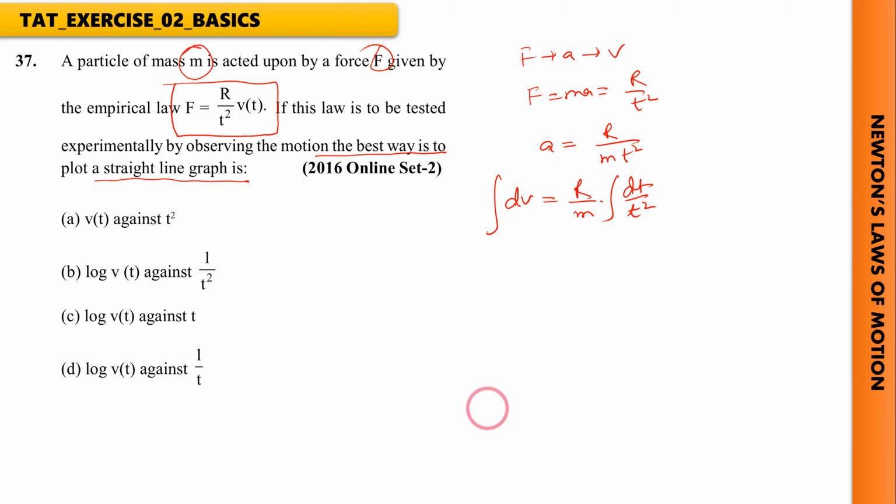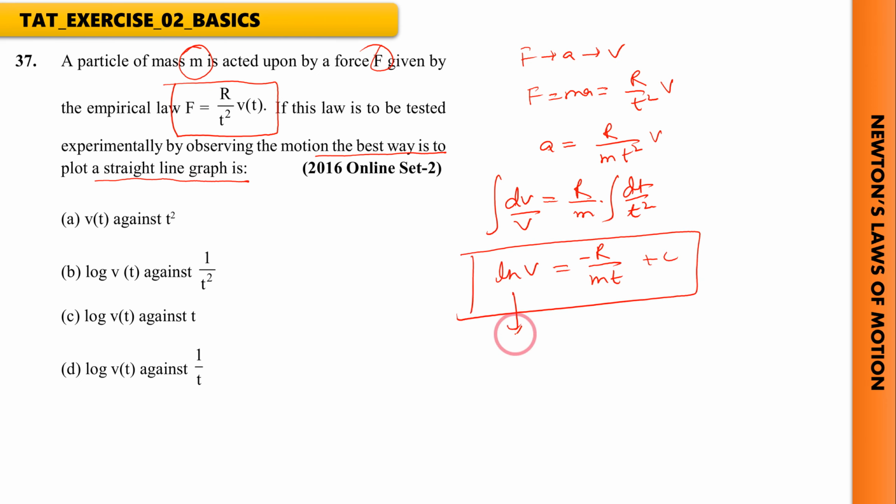Okay, there was a velocity in it, F equals to r upon t square into v, right? So there will be v at this point, and so v will come over here. Now when you integrate it, it is ln v equals to r upon m into 1 upon t with minus sign, with some constant.